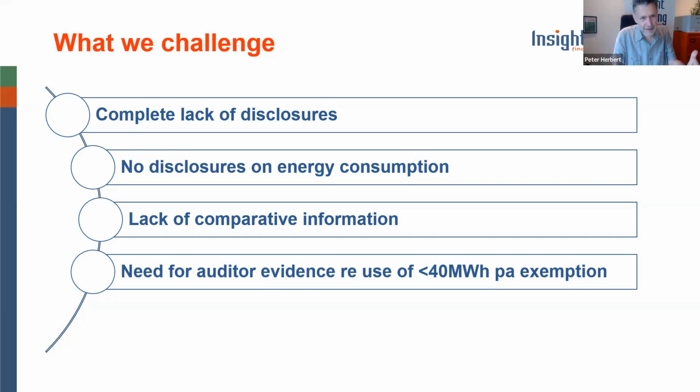So we're not in any way, shape or form expecting audit firms to audit the numbers here. But I think if your client's looking to try and use the less than 40 megawatt hours per annum exemption as a workaround to not include the disclosure, you want a bit of information on your file as to why you think that's reasonable in the circumstances.